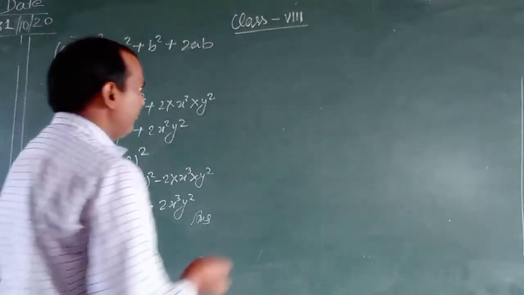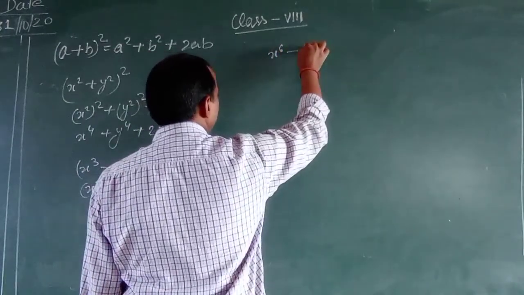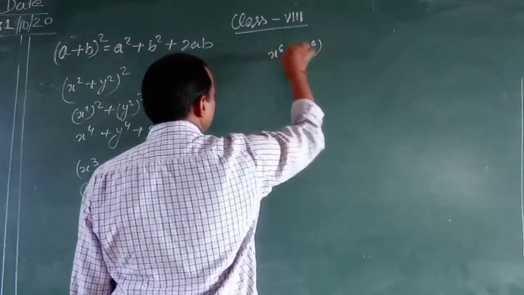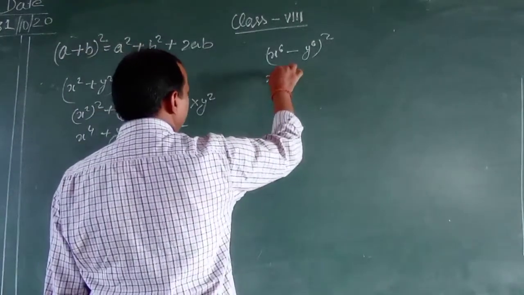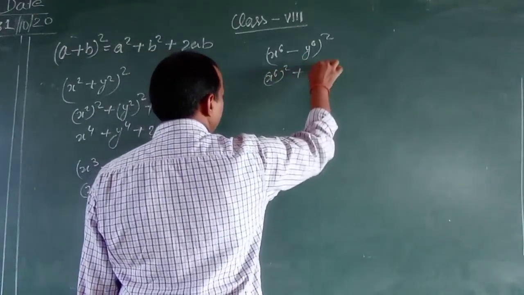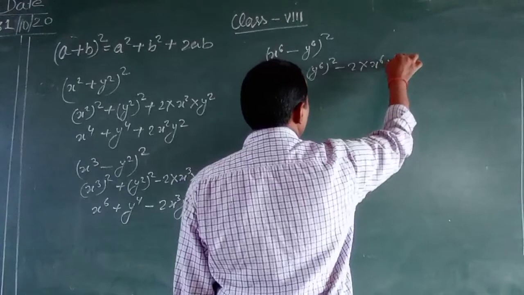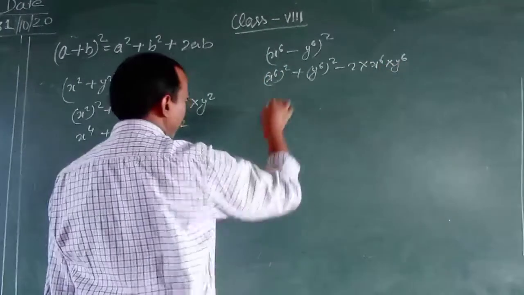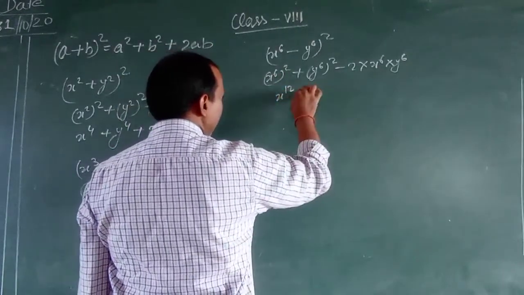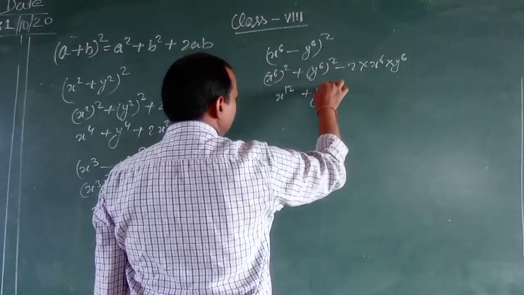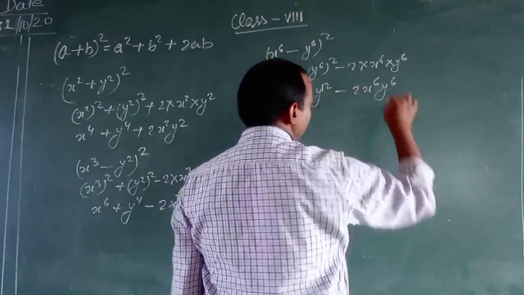Again see, if the question is (x raised to power 6 minus y raised to power 6) whole square, here we can write first term square plus second term square minus 2 into first term into second. So here it will be x raised to power 12 plus y raised to power 12 minus 2 x raised to power 6 and y raised to power 6.